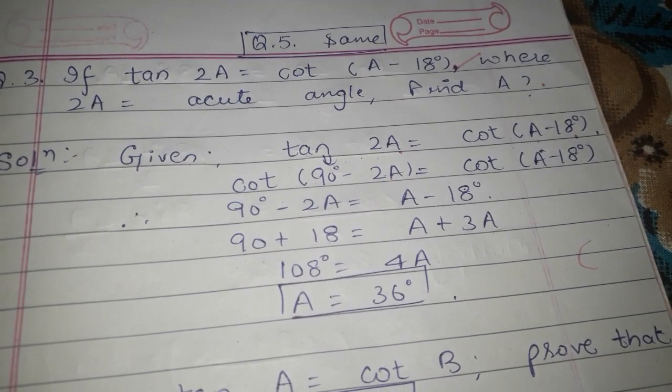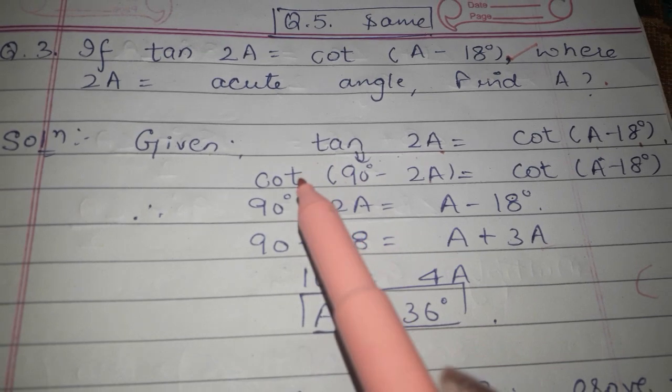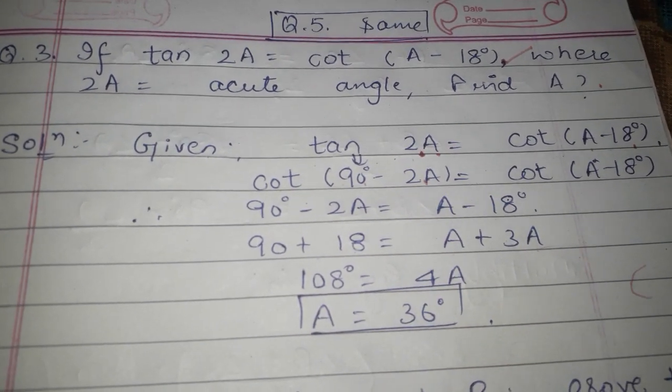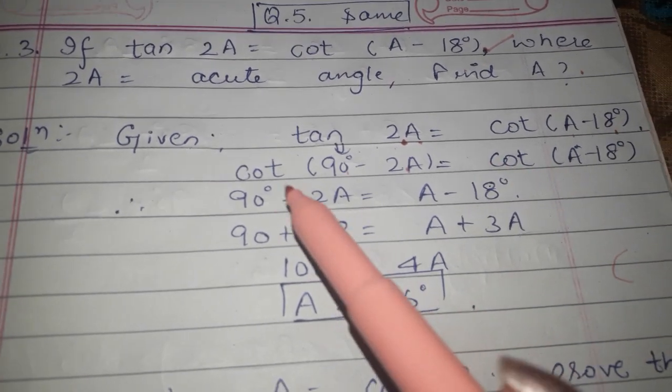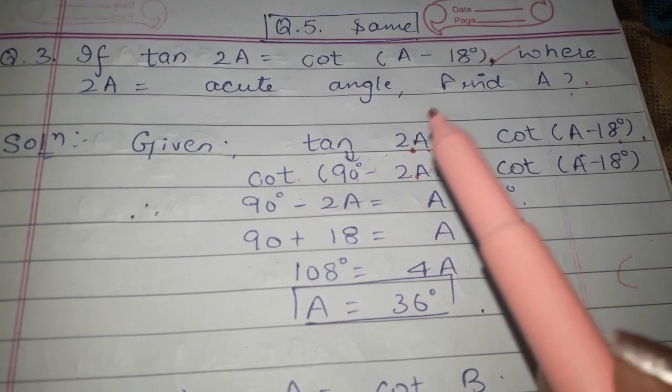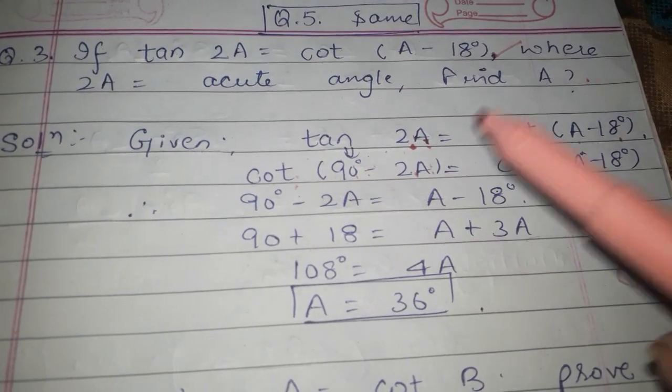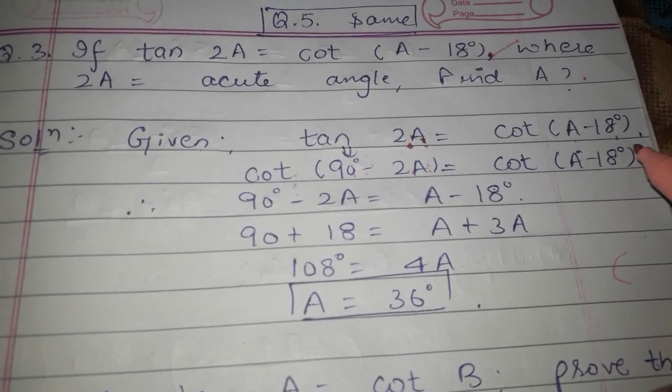You can learn it like this, that cot 90 degree minus theta is tan theta. We just reverse the formula. Right hand side is written as it is.